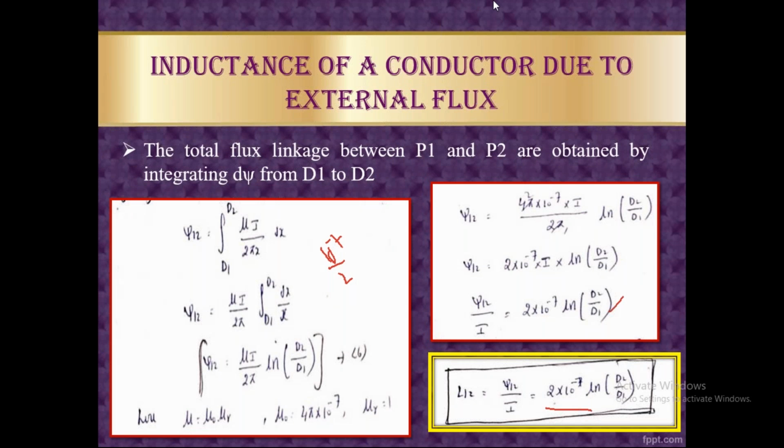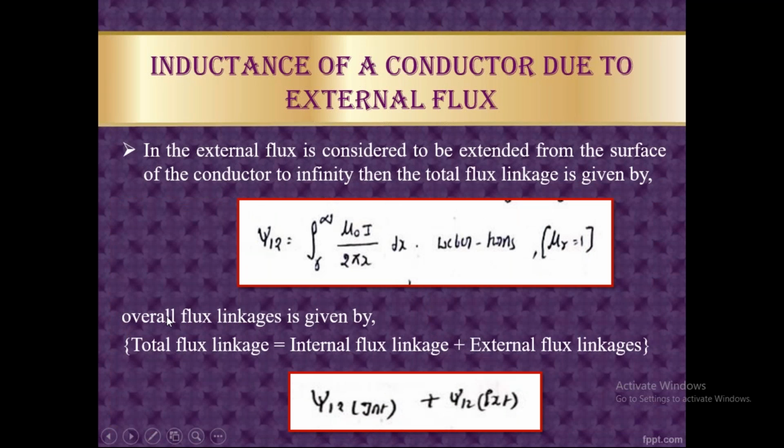Until now we separately derived the internal flux as well as the external flux. Now when we combine these two, we can find the total inductance of a conductor. This is the derivation for obtaining the total flux linkage. Suppose this is the conductor, and from origin to surface I am taking the radius r.